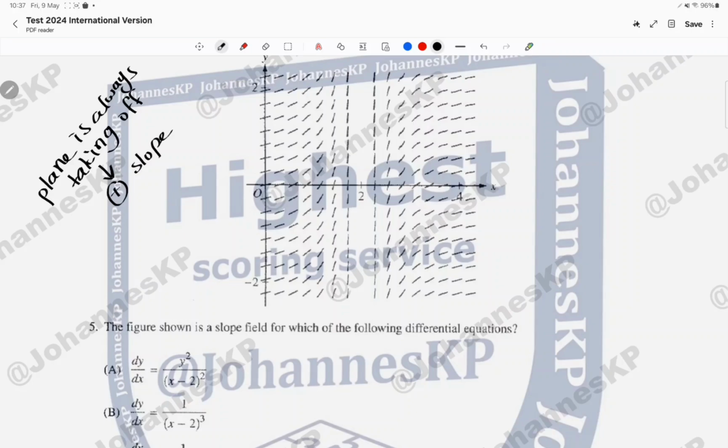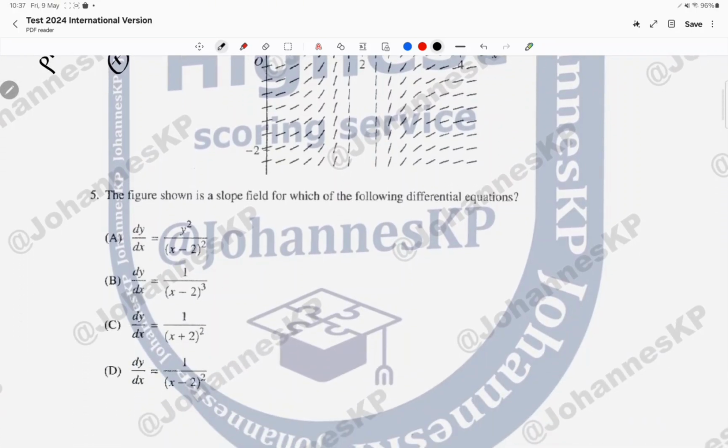So with a positive slope, the best thing to look at is the square powers, because square is always positive, correct? Yes. So A is possible, B is not possible, C is possible, and D is possible.